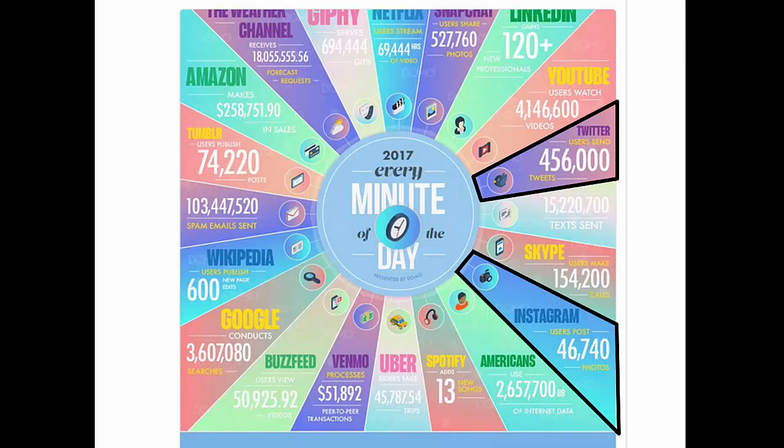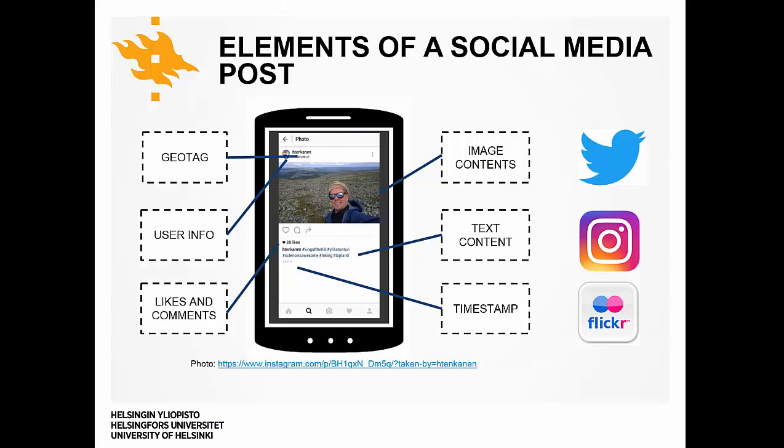And if we think about what a social media post is actually like, usually when we talk about big data, it's often said that big data is messy and difficult to structure. It's unstructured, full of all sorts of things that are difficult to analyze in a meaningful manner.